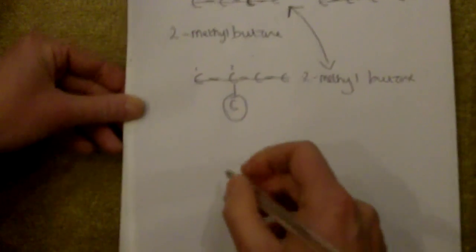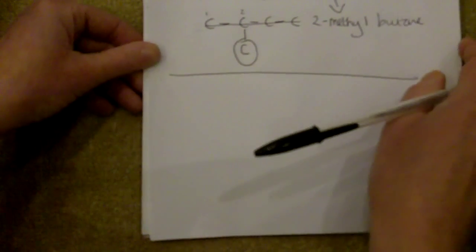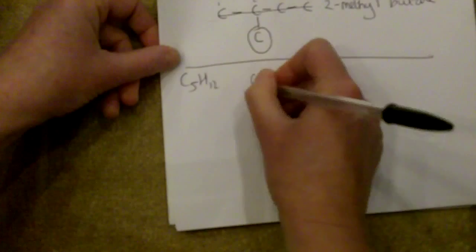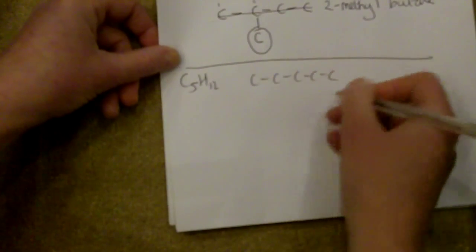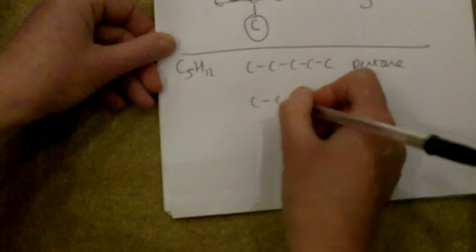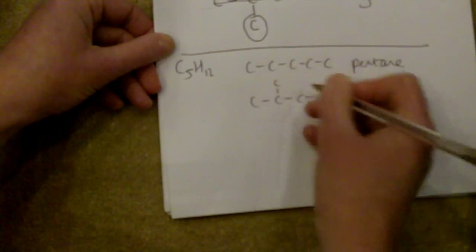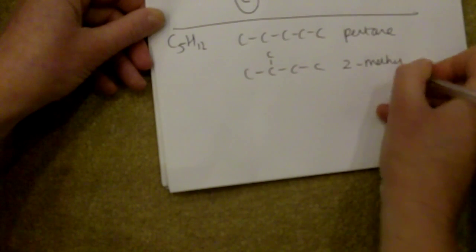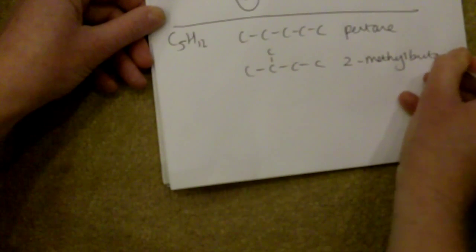Okay, so far, in summary, for pentane, for C5H12, we could have 5 carbons in a row, which is pentane. We could have 4 carbons in a row with 1 coming off, and that'll be 2-methyl butane.